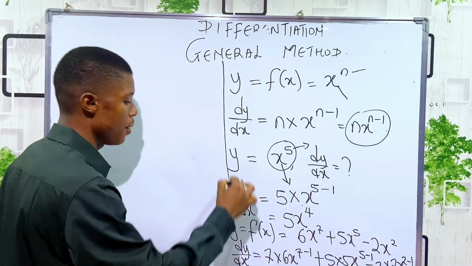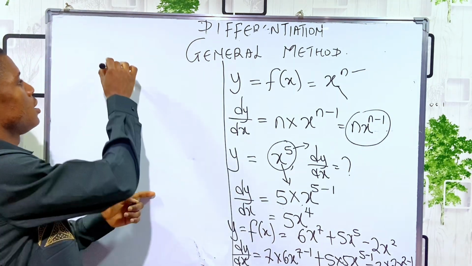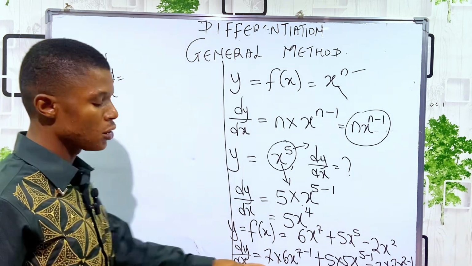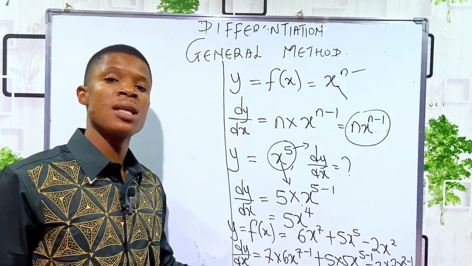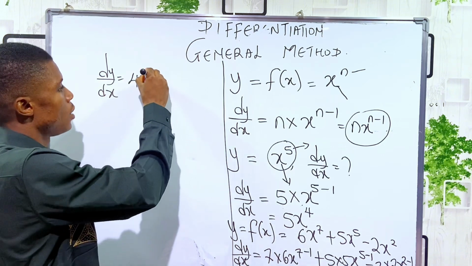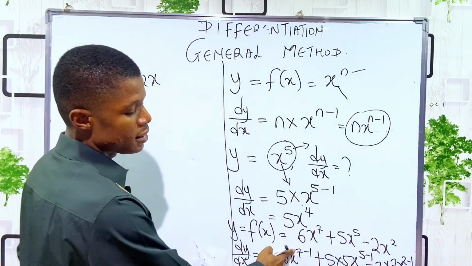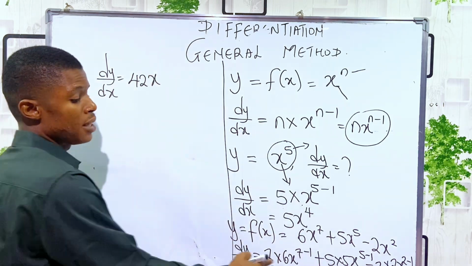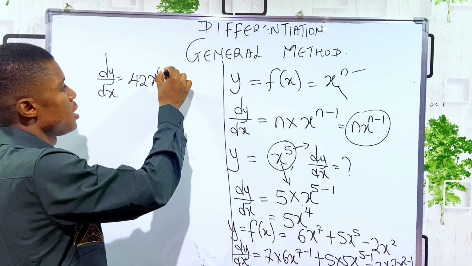Let's conclude it here. So you can now see that dy/dx of this given function is 6 times 7, which is 42. You have it as 42x to the power of 7 minus 1, which is 6.